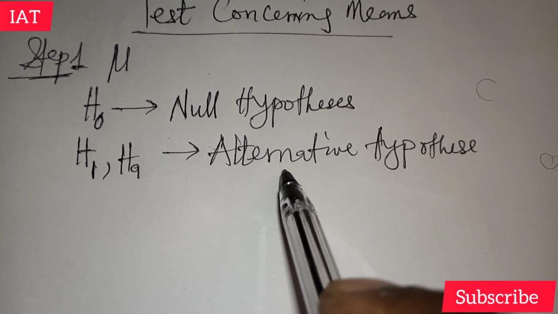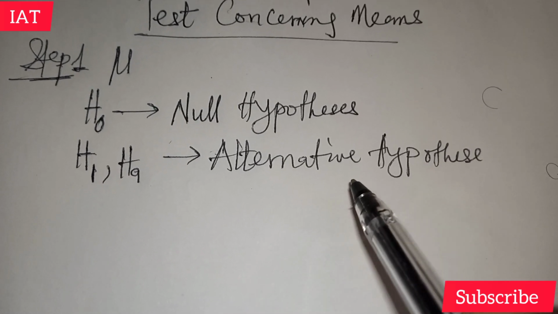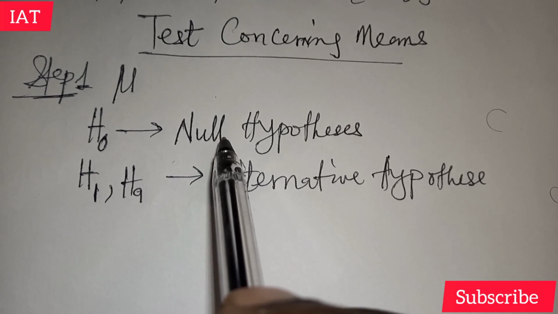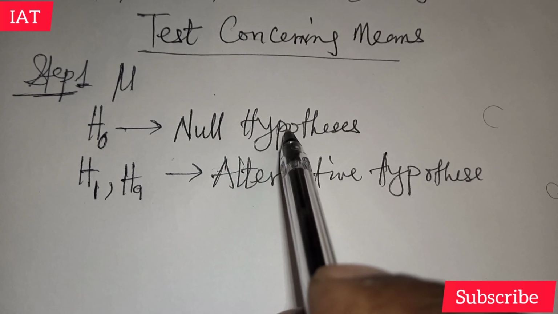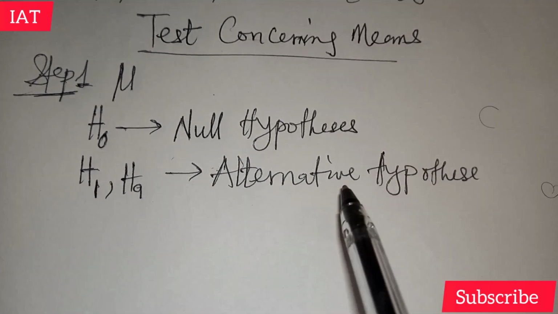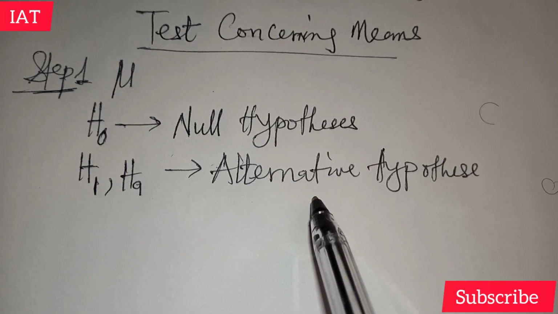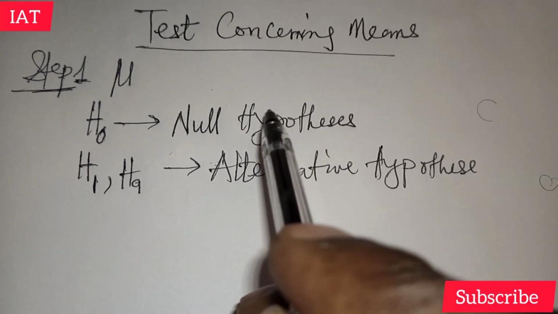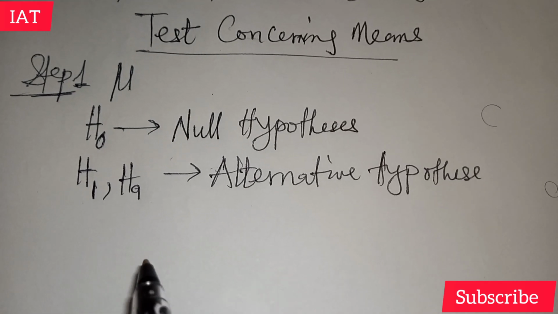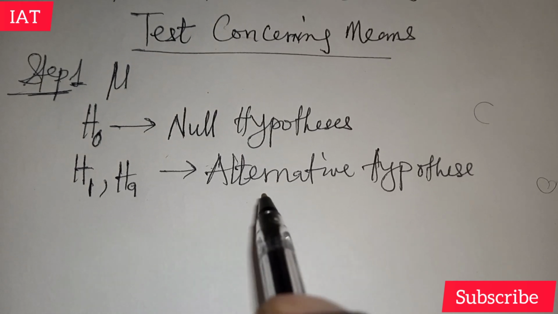Another name for the alternative hypothesis is the research hypothesis, because we could have an accepted value here under the null hypothesis for a parameter, but here it involves the claim, the value that has to be tested. If this particular value is true, that's what this alternative hypothesis or research hypothesis is talking about.